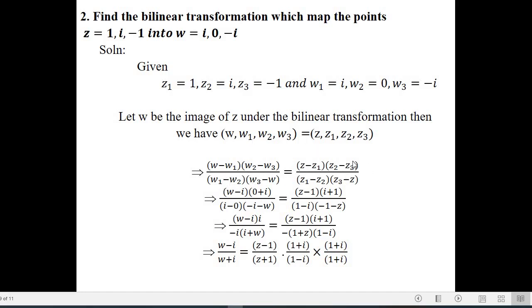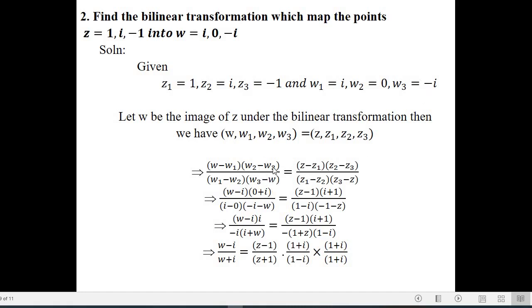So in this bilinear transformation I substitute w1, w2, w3 and correspondingly z1, z2, z3. So w minus w1, we don't know the value of w, so write it as it is. w1 is i, so we get w minus i into w2 minus w3. What is w2? 0 minus i. w2 minus w3 is 0 minus of minus i, which becomes plus i.